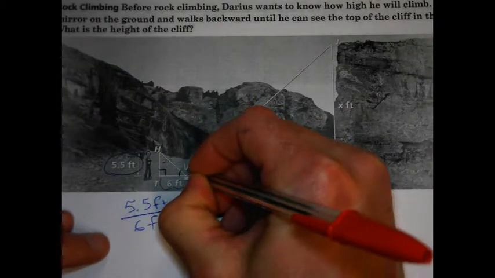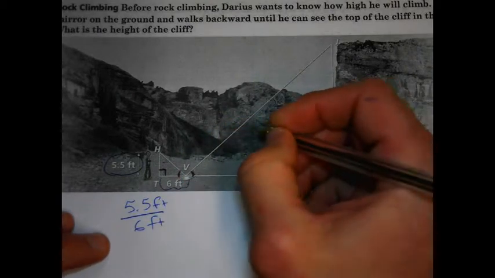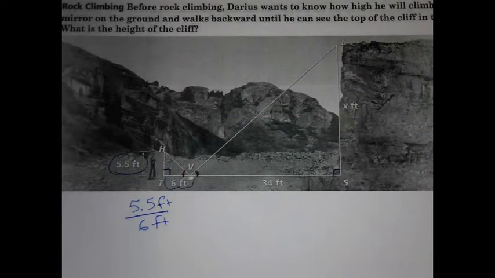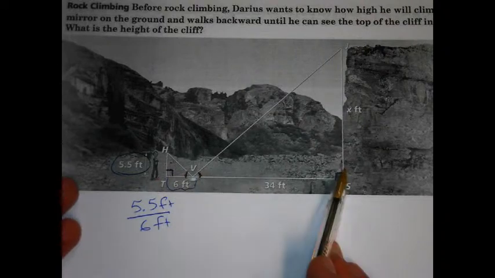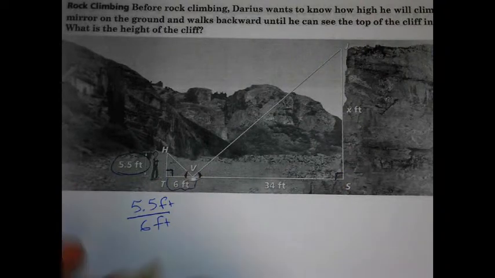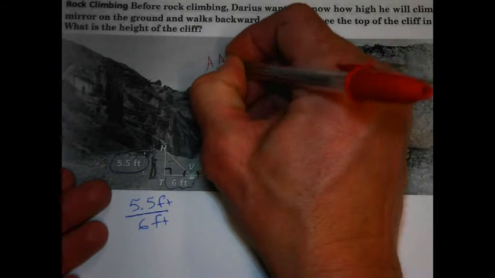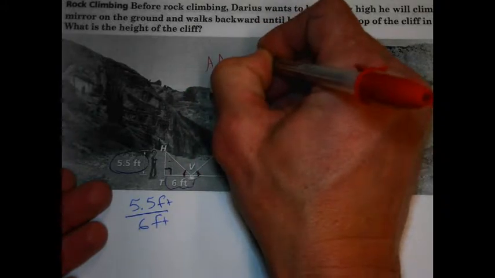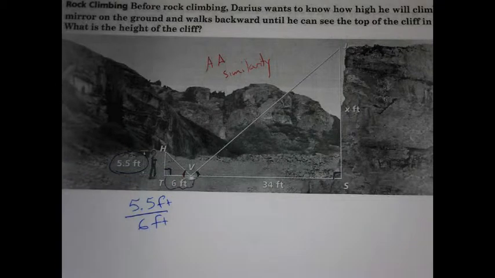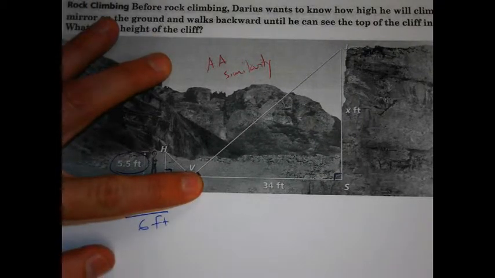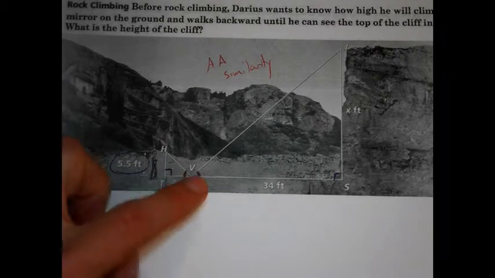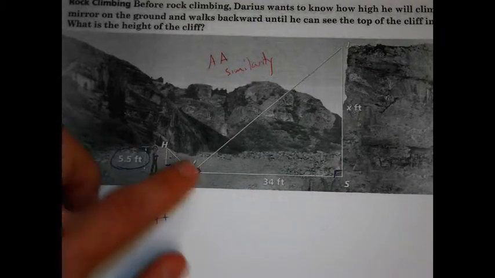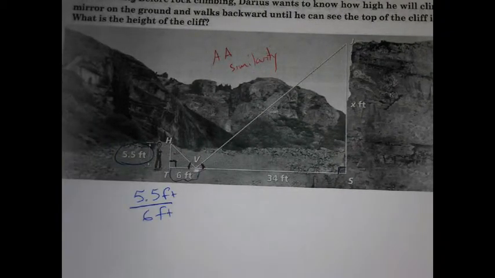Because they are supplementary to the same angle, they are congruent to each other. So we have congruent angles, and if that's the case, we have angle-angle similarity. We have the 90-degree angle plus the vision reflection piece. That's the importance, again, of making sure the mirror is flat. With a flat mirror, we can establish angle-angle similarity because we have the 90-degree angle from straight up and the congruent angles from the line of sight.